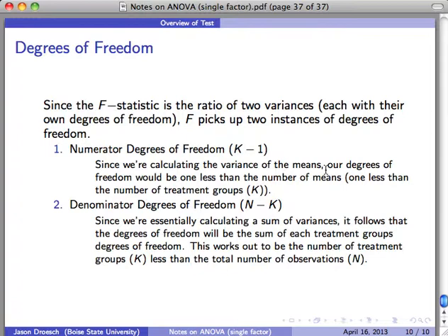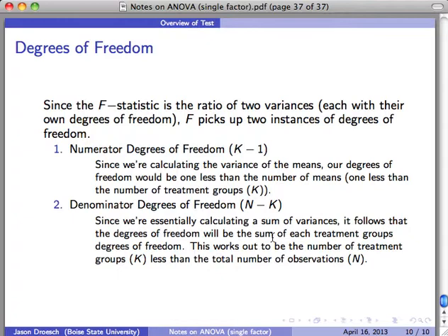If we have k groups and they're all the same sample size, the group sizes add up to the total population N, and adding k groups means we're adding up k copies of -1. In other words, we take the number of observations and partition it into k groups, and that's why our degrees of freedom for the denominator is N minus k.